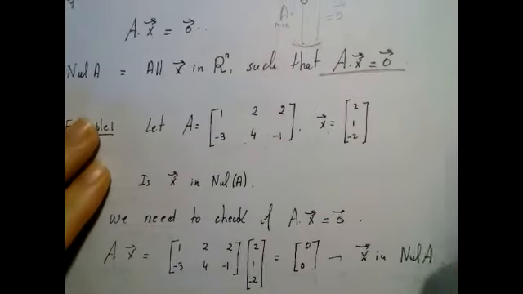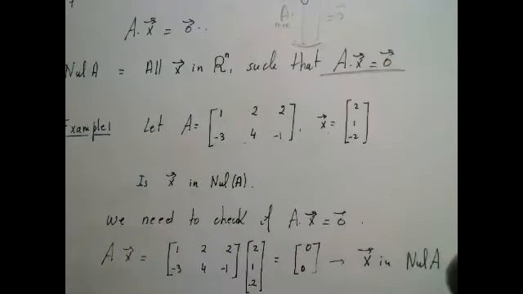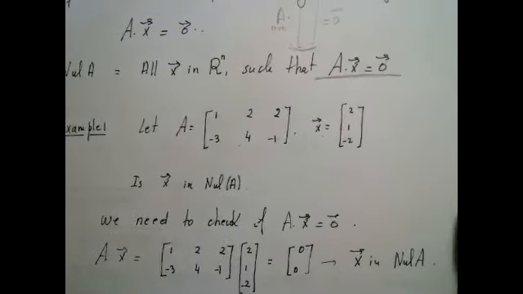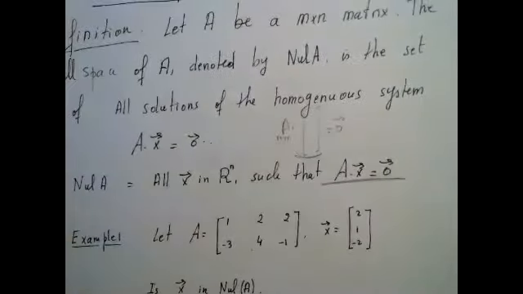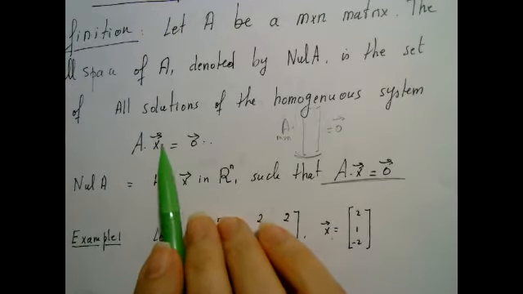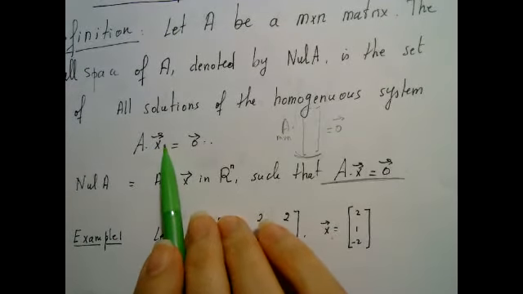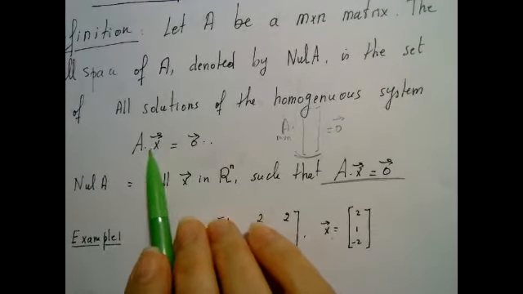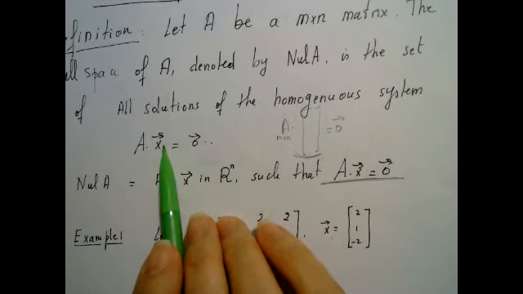Now, the null space is a subspace. That's really the hard part. What does it mean? It means that if you take two vectors which are solutions of the system and you add them, you get another solution of the system. That's really what a subspace means for us here.